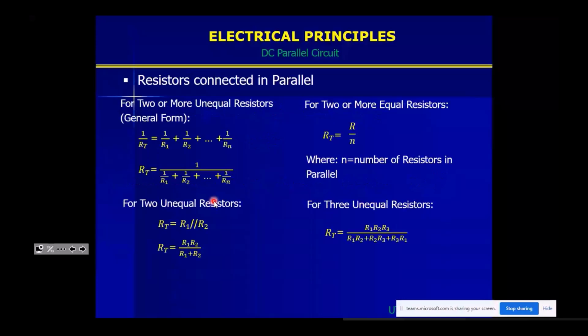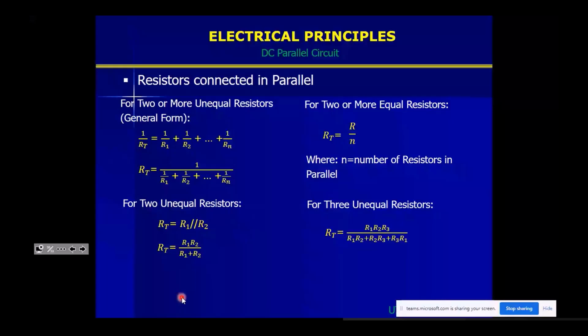And we have other formulas you have to remember about resistors connected in parallel. For two or more unequal resistors, this is the general formula, what I said earlier. To get the R total, you take the reciprocal again. This can be any number of resistors in parallel.